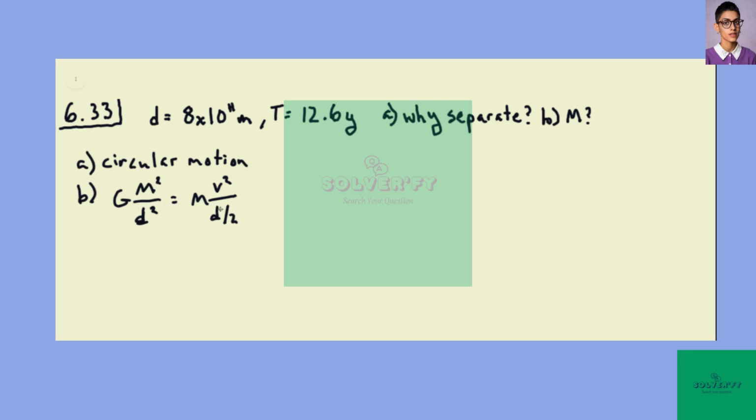But the v squared over r, we need the radius and not the diameter.